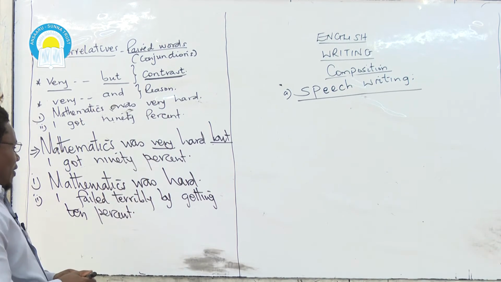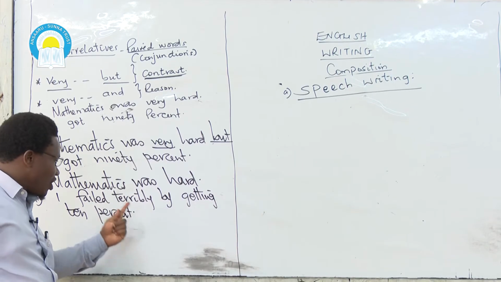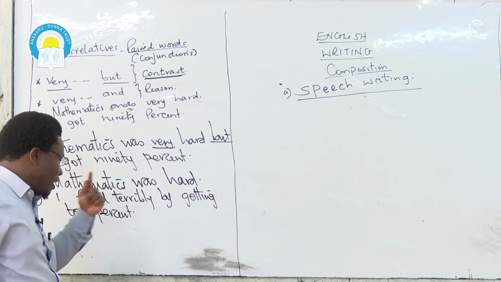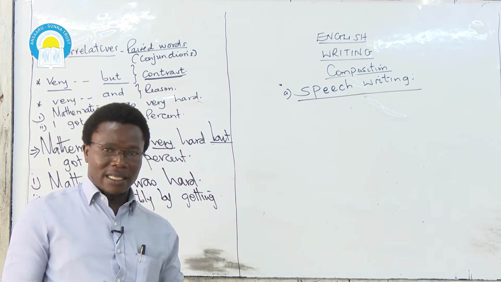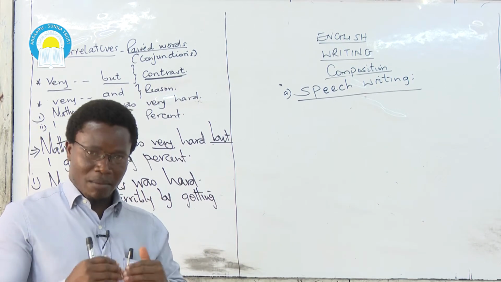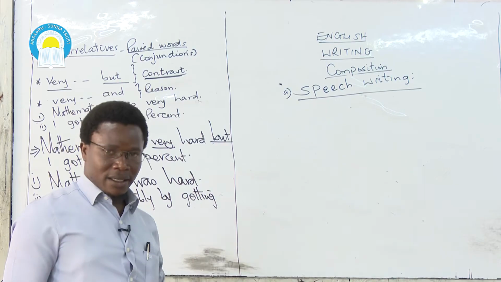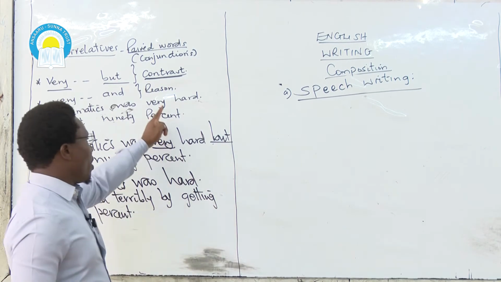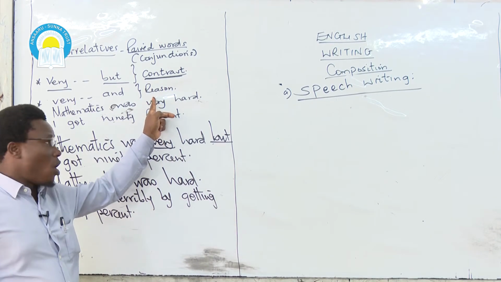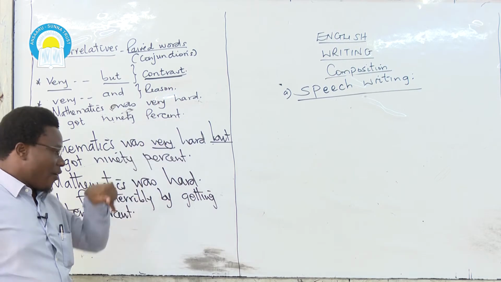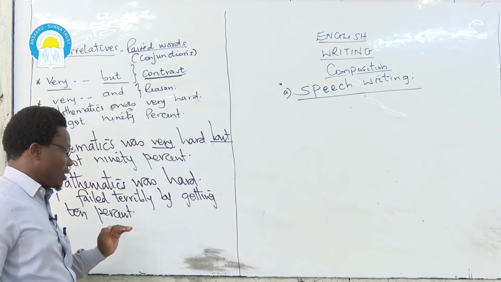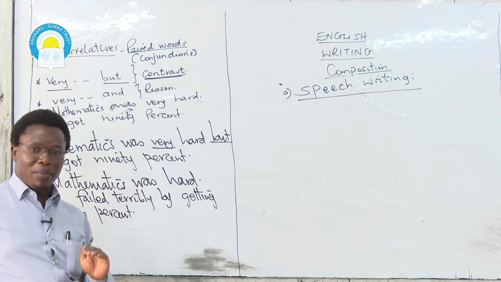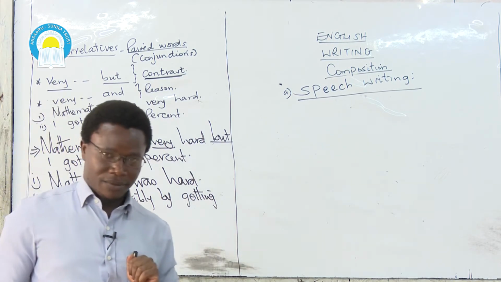Now one may ask, why did this child fail terribly getting 10% in mathematics? The answer is as simple as mathematics was very hard. In that case, we are looking at the reason, not contrast. The reason as to why this child failed terribly in mathematics is because the paper was hard.